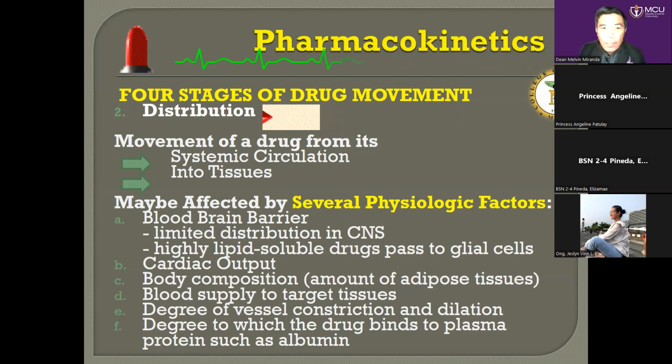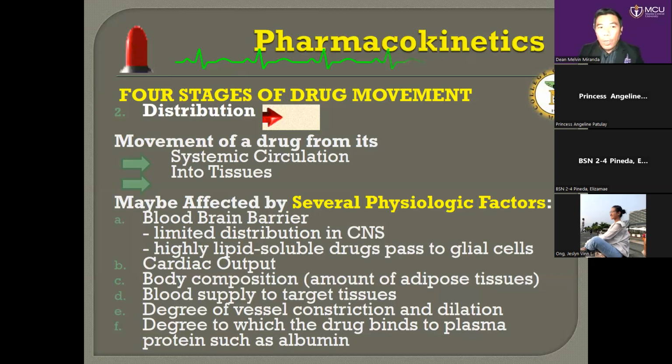Kaya that's why when drug enters the brain, pwedeng maka-affect 'yan sa distribution of the drug, lalo na kung halimbawa the blood-brain barrier is basically damaged, so it may not detect if the substance, the chemicals that enter the brain is supportive of the indication for the drug to take effect.